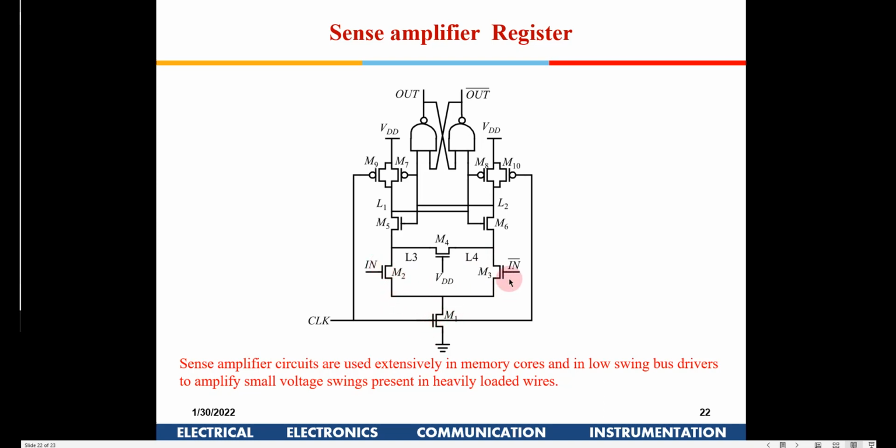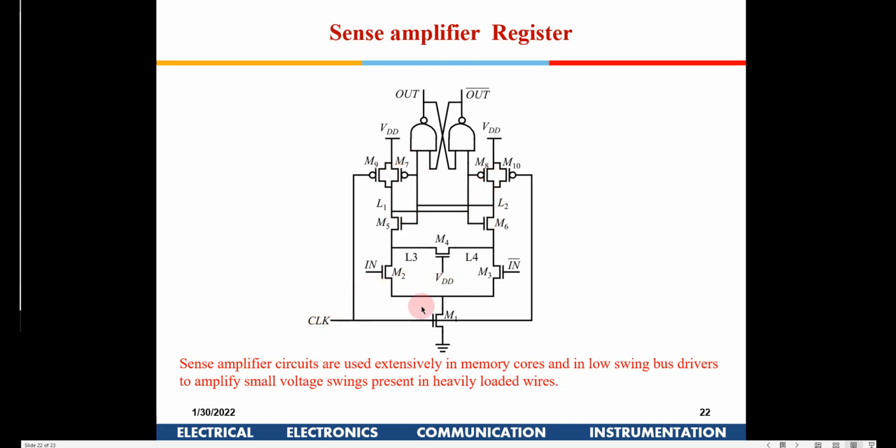So if you have a small differential voltage coming in between in and in bar, that is the bit and bit bar line from the memory, it will amplify that difference out here. And M7 and M5, and M8 and M6, are two inverters, where the output of one inverter is connected to the input of the other, so they are cross coupled inverters, right?